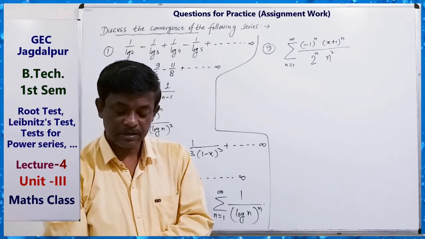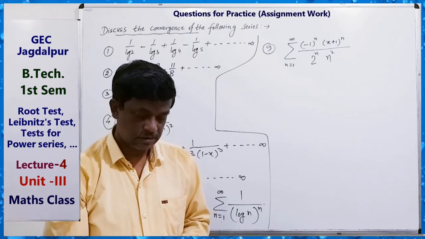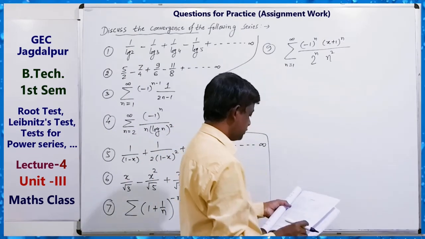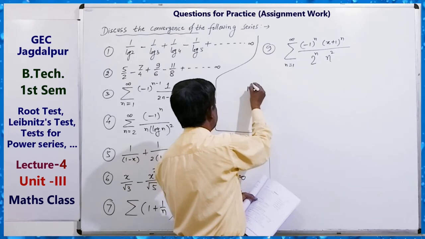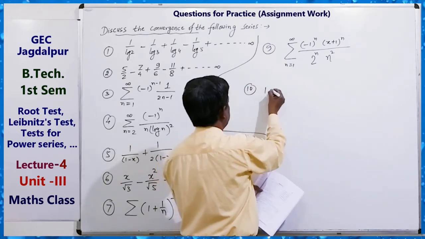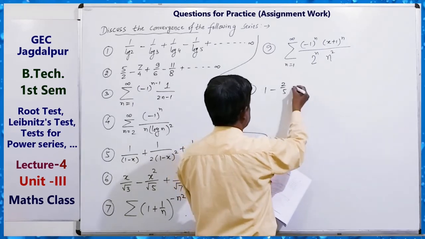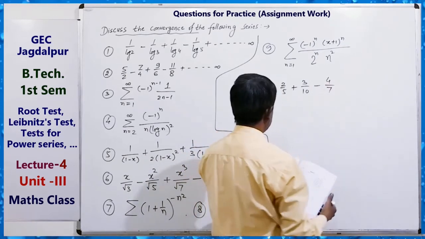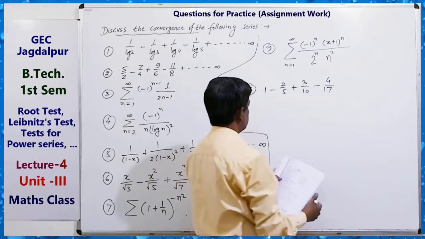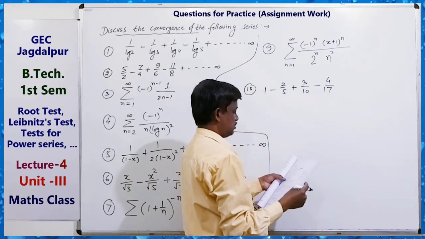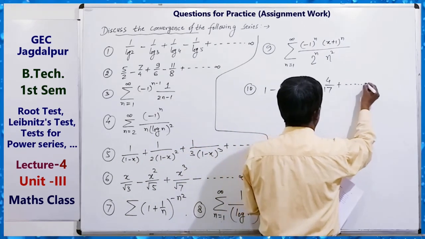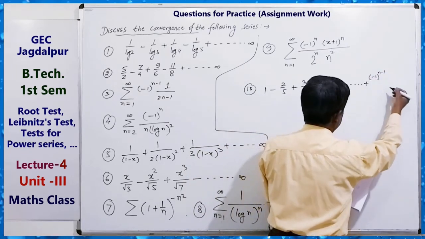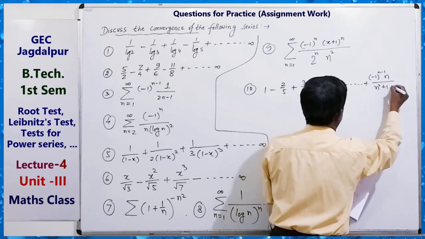So here see that, 10. 1 minus 2 by 5 plus 3 by 10 minus 4 by 17 plus, and so on. The general term is minus 1 to the power n minus 1, n upon n square plus 1.